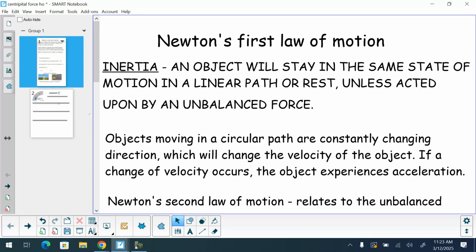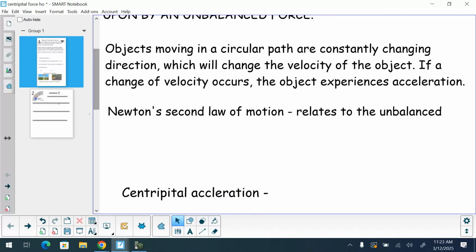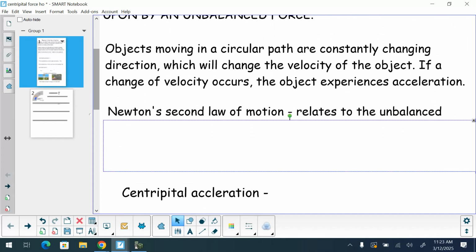Objects moving in a circular path are constantly changing direction, which is a change of velocity. If the velocity of an object changes, acceleration must occur.